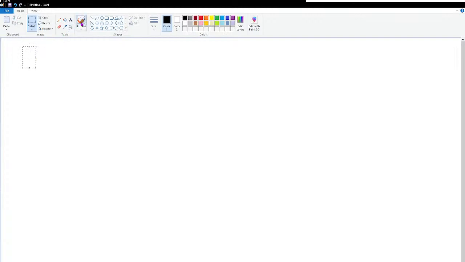So I selected brushes. If f(x) equals 3 to the power of x, what we need to do is first we have to find the asymptotes. So to do that you have to make 0 equals 3^x.